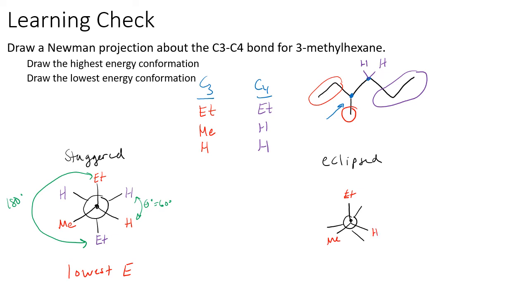And when we have our highest energy conformation, those two ethyl groups, front and back, are going to be right on top of each other with a dihedral angle of 0. Same thing for everything else. The hydrogen is going to be with another hydrogen, and the methyl is going to have to be paired up with another hydrogen. So this would represent our highest energy conformation.